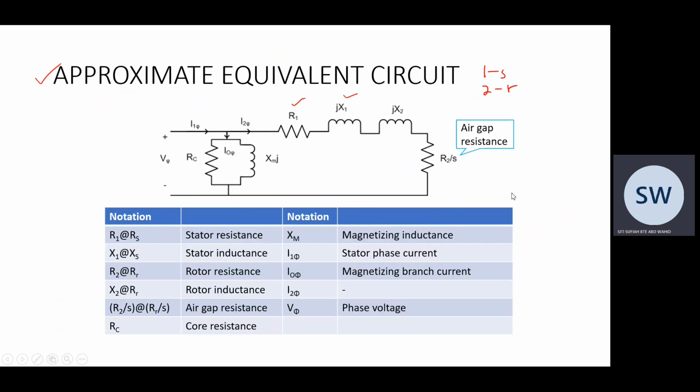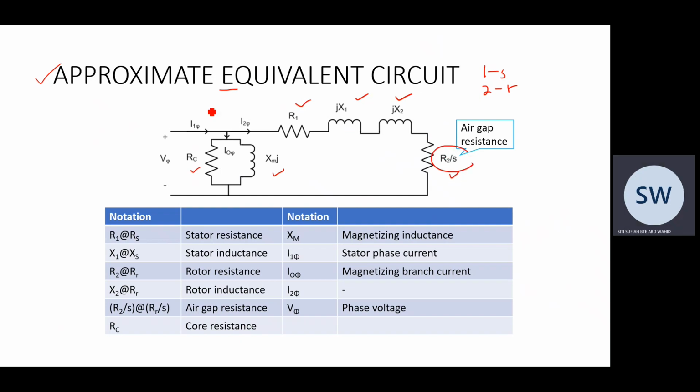Four components: 1, 2, 3, 4. But don't worry about the transferring part, because usually you will be given the transferred values. So just know that this is the approximate equivalent circuit. You have RC, jXM, R1, jX1, jX2, R2 over S, which is the air gap resistance.